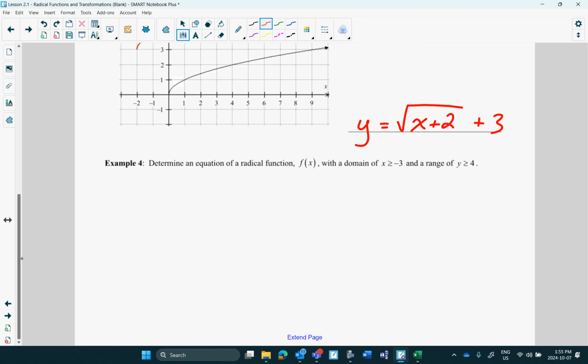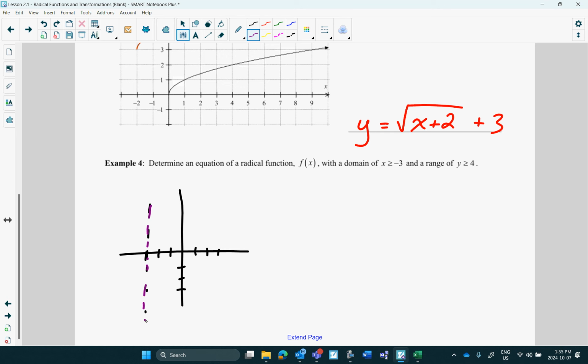So think of it this way. If x is greater than or equal to -3, doesn't that mean the furthest left point has to be -3? Yeah. So it's got to be here somewhere. So I know it's going to start here and then curve that way.